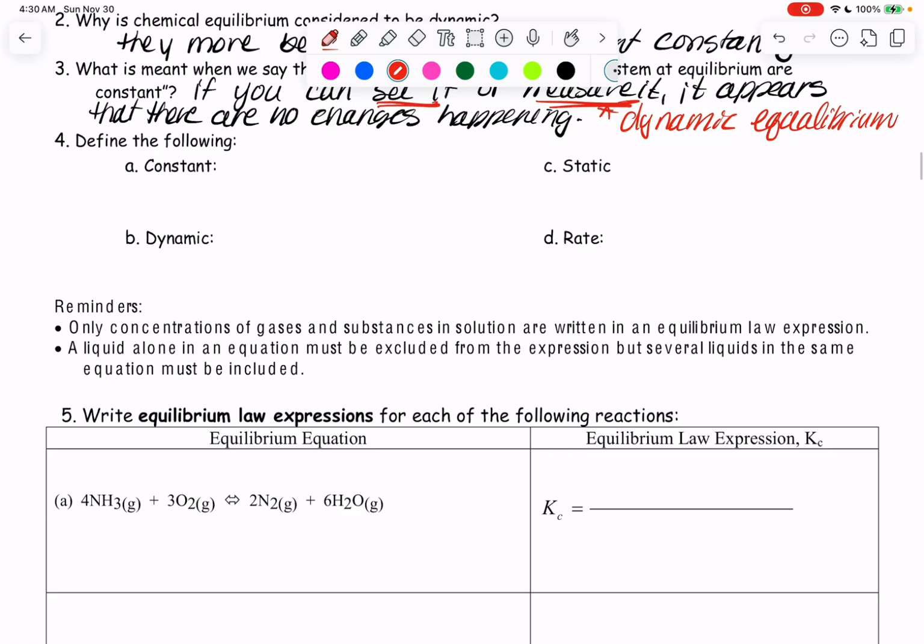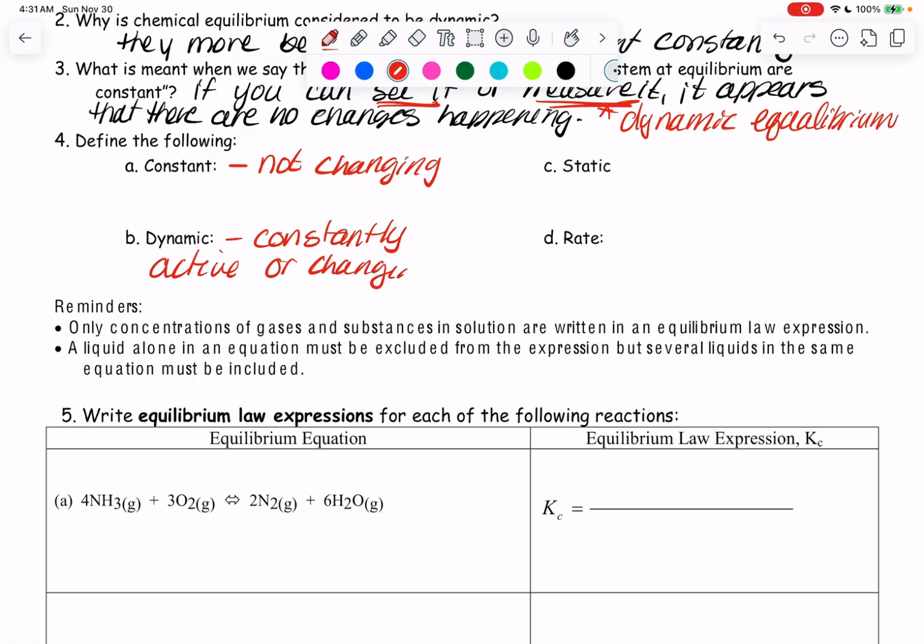So now we're asked to define some terms. So constant means that it's not changing. Dynamic means constantly active or changing. Static means without motion or fixed.